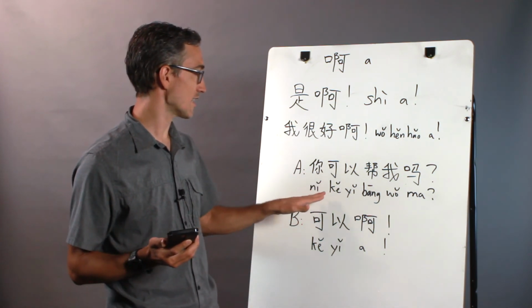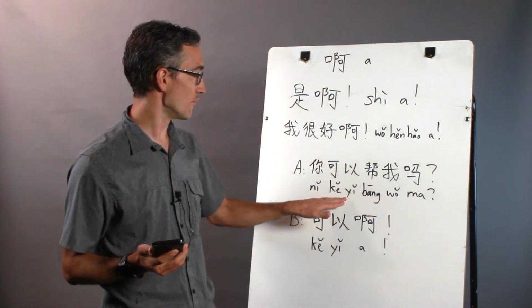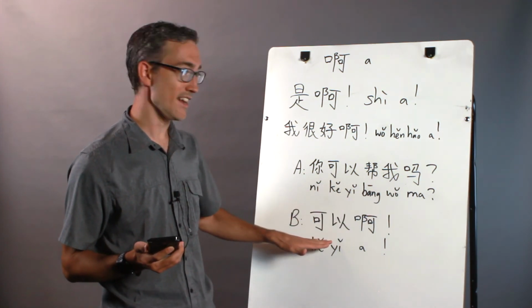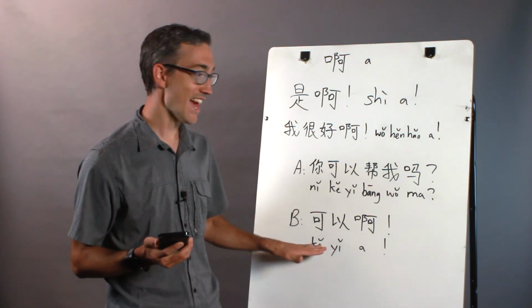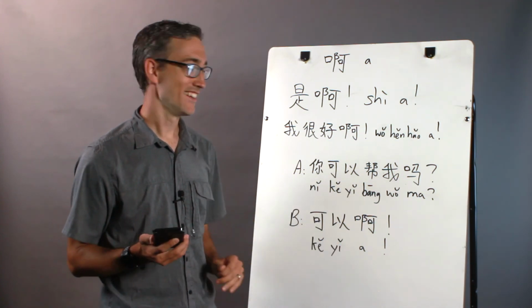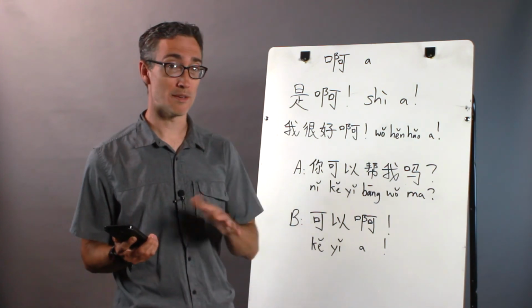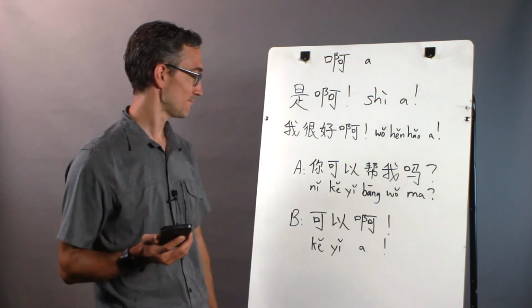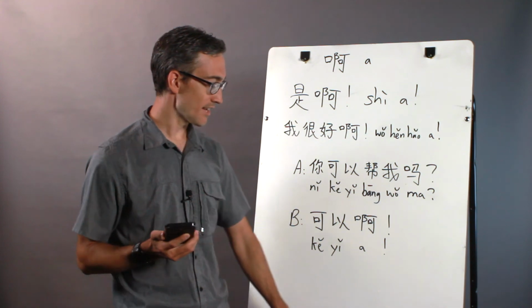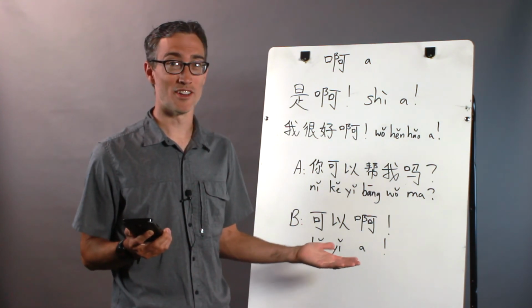So the question is, 你可以帮我吗? And so the answer is can. Can you help me? Can a. That's how you answer questions in Chinese. If the answer was no, I'd say 不可以, cannot, or 不能, cannot. So that's the use of a. You'll hear it all the time.